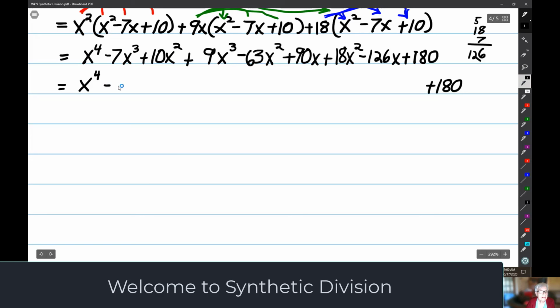All right, now I don't know that that's a minus, because now I have to find my two x to the third terms. There's a minus 7x to the third and a plus 9x to the third, and I am not going to have any more third terms.